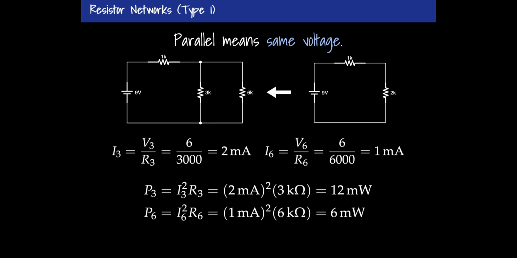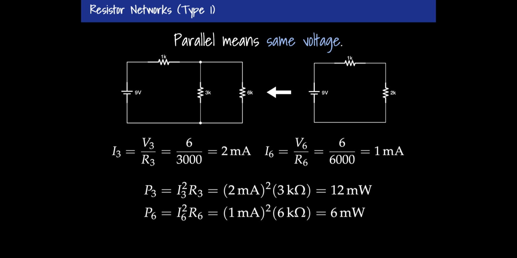I can also calculate the current in the 6K branch here. The current is equal to the voltage divided by the resistance, which is 6 divided by 6,000, which is 1 milliamp. And does that surprise me? No, because my analysis revealed that I have 3 milliamps of current coming out of the battery, and they split into 2 and 1, which adds up to 3.